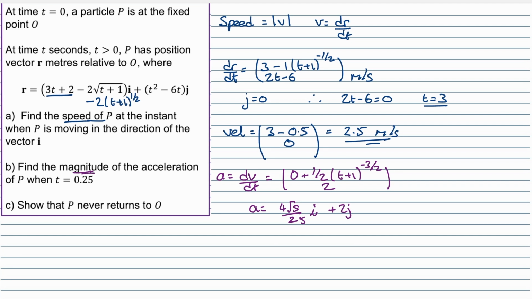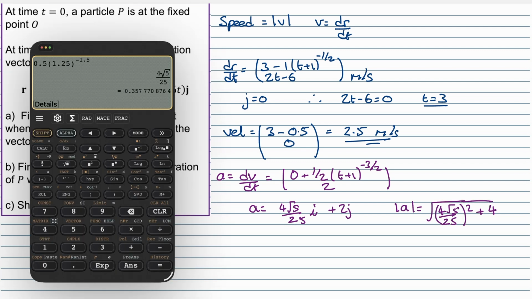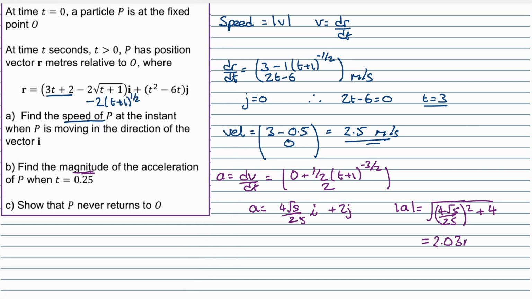We want the magnitude of this acceleration, so we'll Pythagorize the i and the j terms. Working this out, we get the square root of that previous answer squared plus 4. And this will be approximately 2.03 meters per second squared.